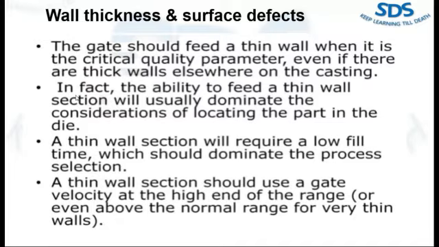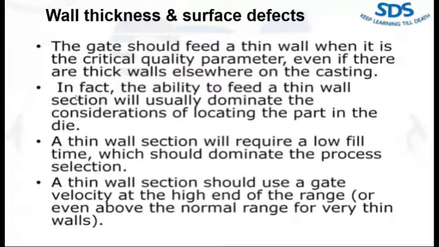So this wall section will require a low fill time, right? Sometimes you will find that in the same casting some sections have a low wall thickness and some sections have a high wall thickness, like one section has a thickness of 5 and another section has a wall thickness of 2.